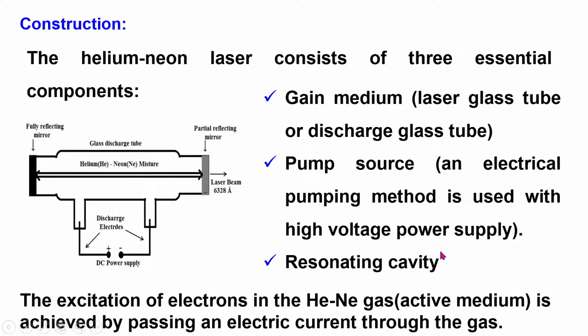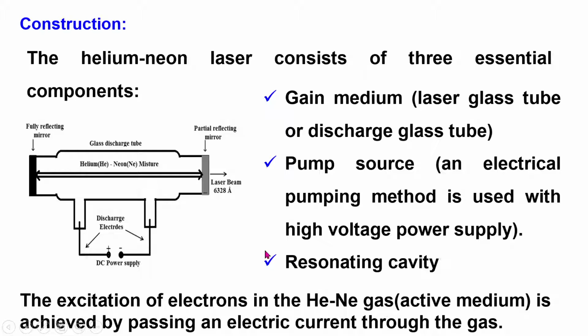The first one is the gain medium, in which a laser glass tube or discharge glass tube is used, and inside the discharge glass tube there is the mixture of the different gases used as an active medium or laser medium.